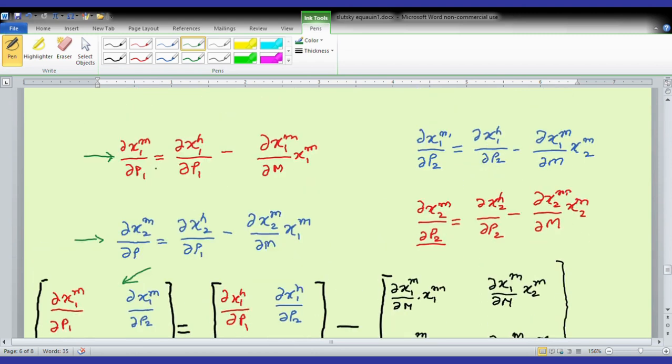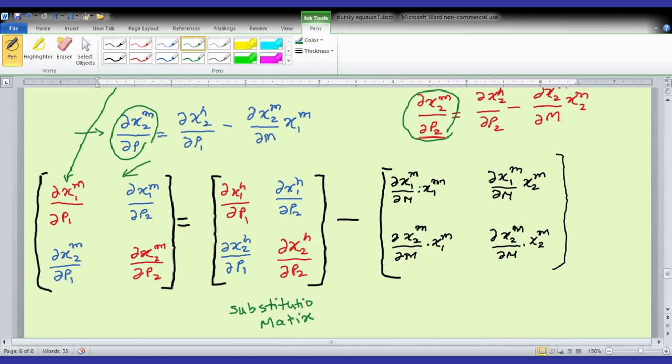See that I am maintaining the order in the matrix as well. So first element is first row first column, this is second row first column, this is first row and second column, and this is second row and second column.